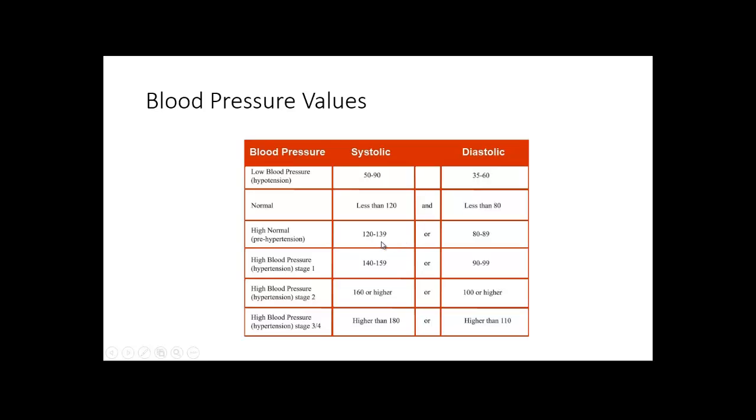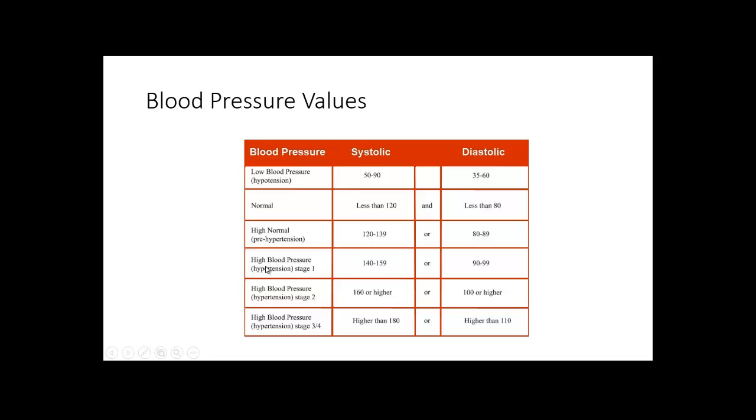But the reality is they have this pre-hypertension, which is going to do damage to the heart if it's left untreated. So it's really important that people know what their blood pressure is and check it regularly, even if they're on a blood pressure medication, because oftentimes those blood pressure medications need to be adjusted over time. And then high blood pressure begins at 140 over 90. So be sure to know those values, the normal, the pre, and the high blood pressure, where it begins.